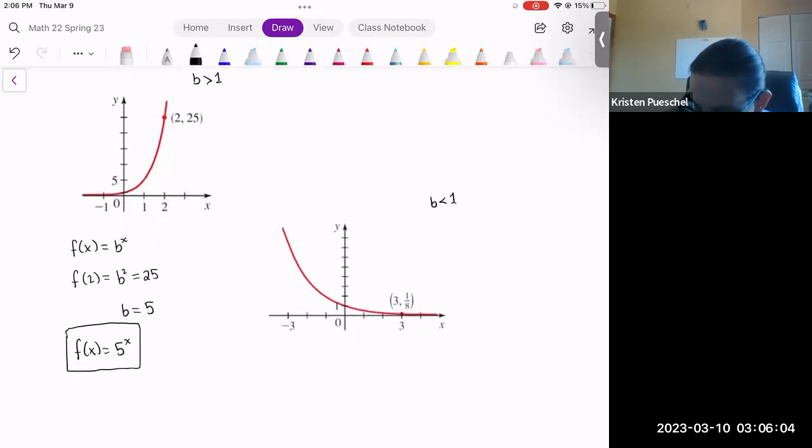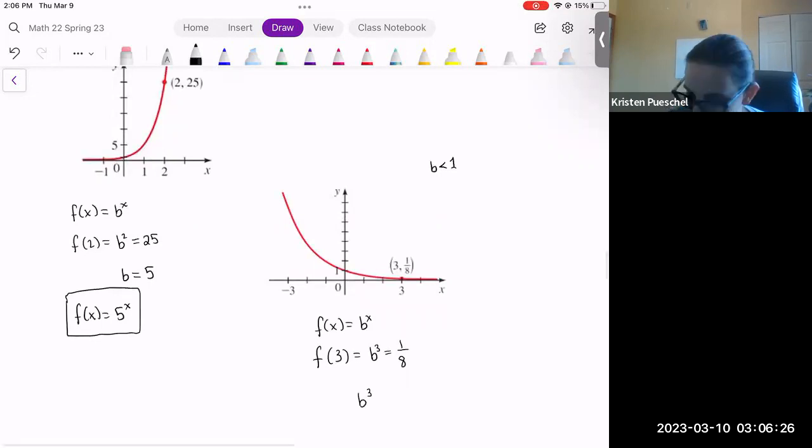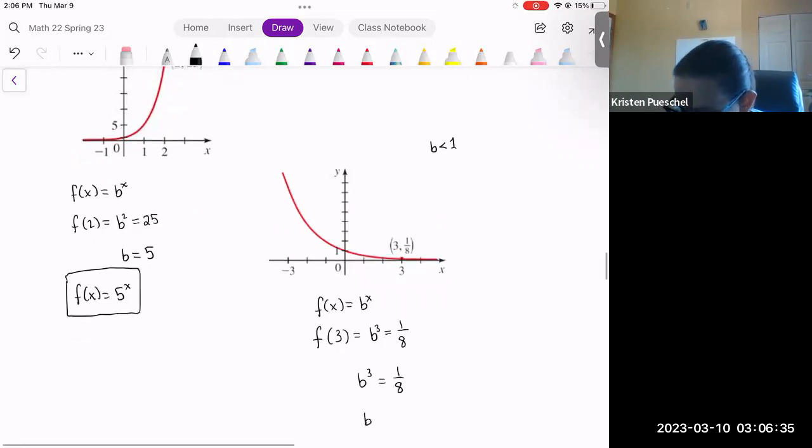In our second example, we have f of x equals b to the x. And we can evaluate at 3. We have b cubed is equal to 1/8. And so our goal is going to be to say, what is this b? So b cubed is equal to 1/8. So to find b, we can just take the third root of both sides. So b is going to be the 1/3 root of 1/8, or 1/8 to the 1/3 power.